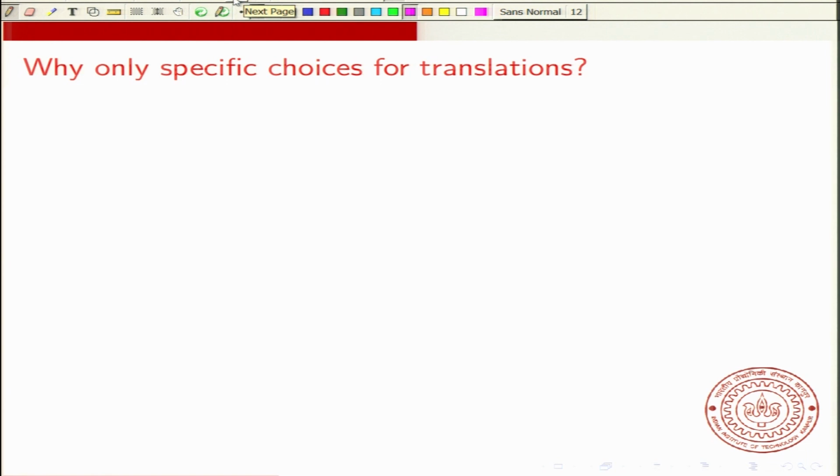Next, you can ask the question why there are only specific choices of translations. For example, for glide planes we took only half or 1/4. 1/4 was in the case of the diamond glide, but all other glides were characterized by half unit translations.